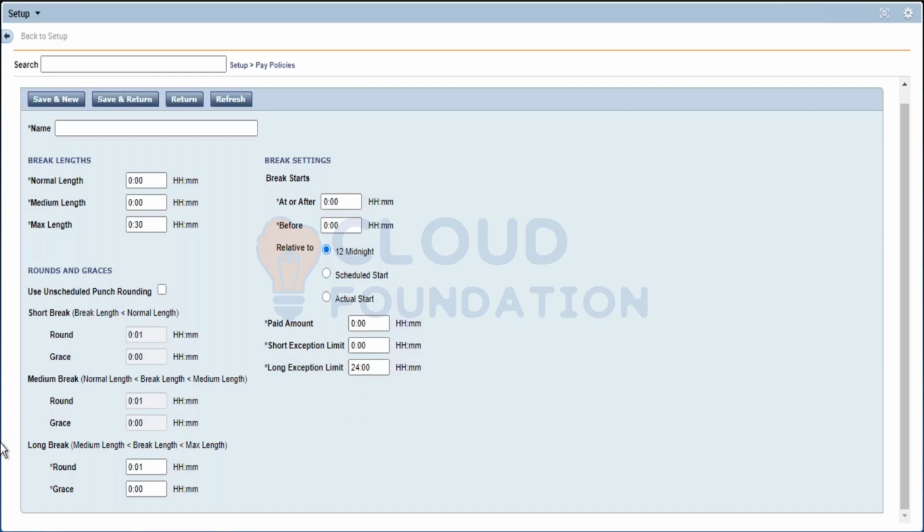Okay, so let's configure this. We will do 30 minutes minimum and a maximum of 90 minutes, and we round to 10th.